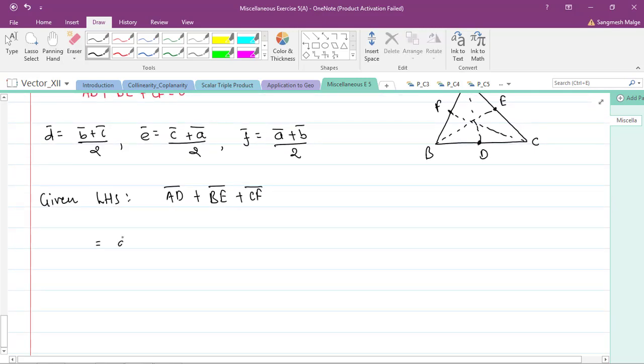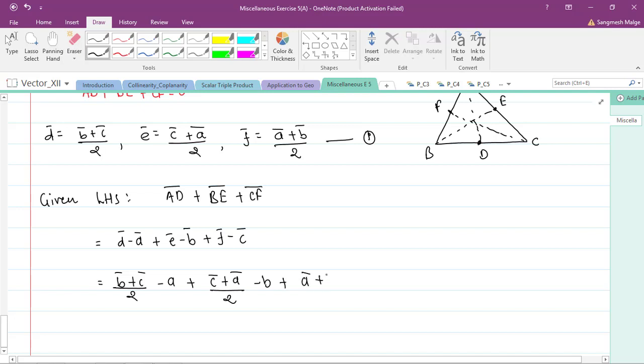So AD bar is nothing but D bar minus A bar, plus E bar minus B bar, plus F bar minus C bar. D bar is nothing but B bar plus C bar by 2. I am substituting these values from equation 1. Minus A bar, plus E bar is C bar plus A bar by 2, minus B bar, plus F bar is A bar plus B bar by 2, and minus C bar.